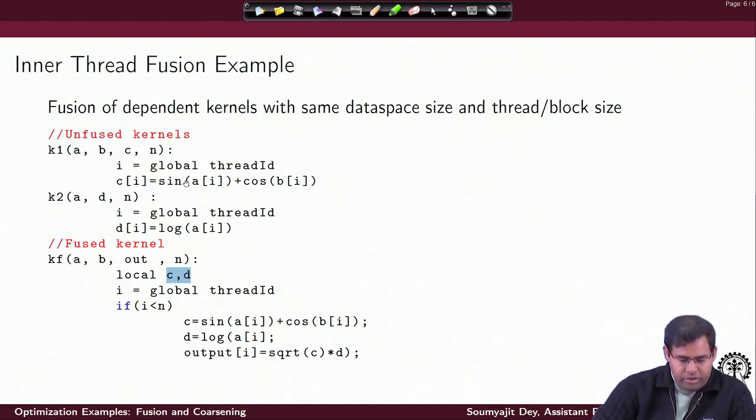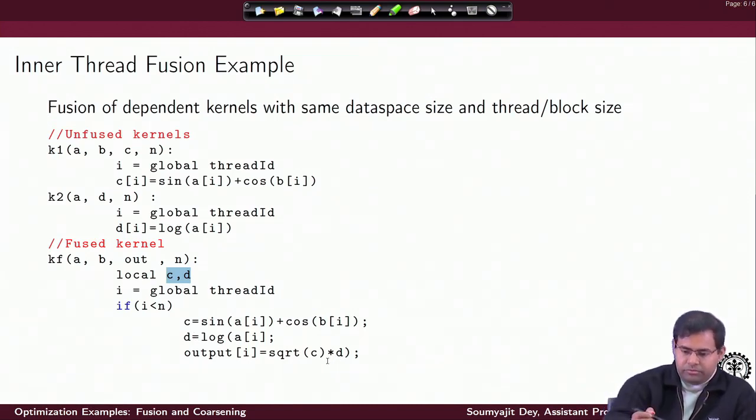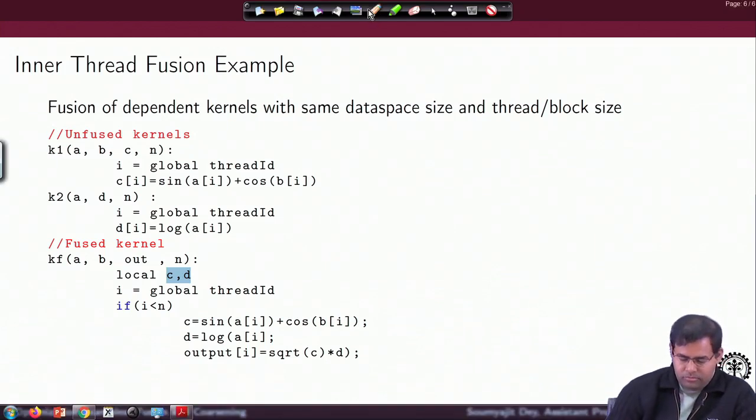You compute the first operation of K1 and store it in local variable C, compute the operation of K2 and store it in local variable D, and use C and D to compute the final output, which would be the square root of the first kernel's output multiplied by the second kernel's output. That is the final fused value, right.